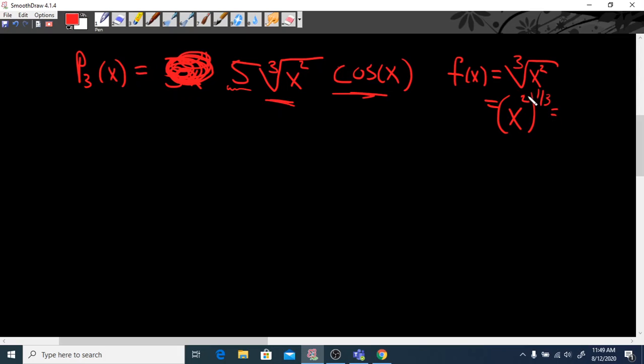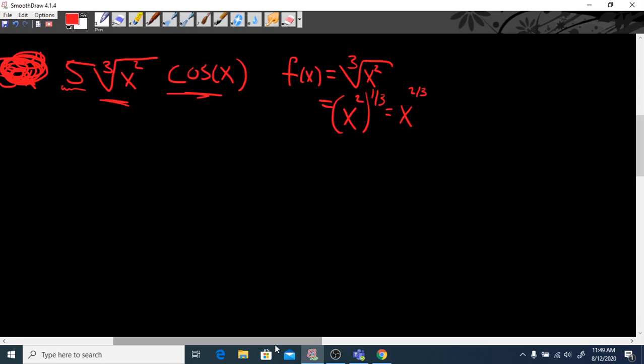And we have a power to a power, so we multiply the powers, x to the 2/3. So there's f, and we also need g, right? So that's our cosine.